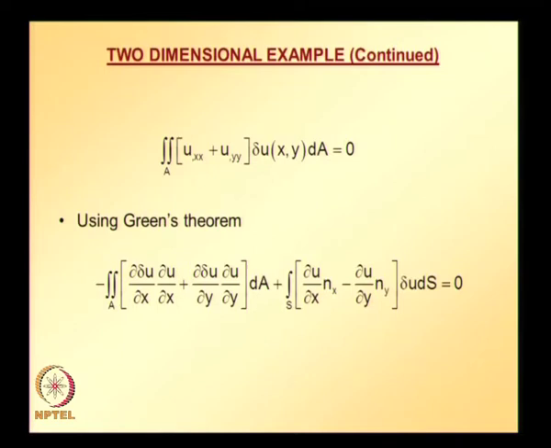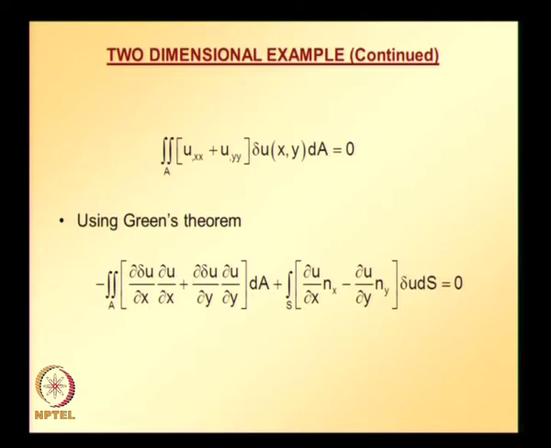Again if you see the second integral of this equation, it is a boundary integral which needs to be evaluated along S. S comprises C1, C2, C3 and C4, and please note that for the variational method, wherever essential boundary conditions are specified along a boundary or at a location, variation of u is going to be 0.